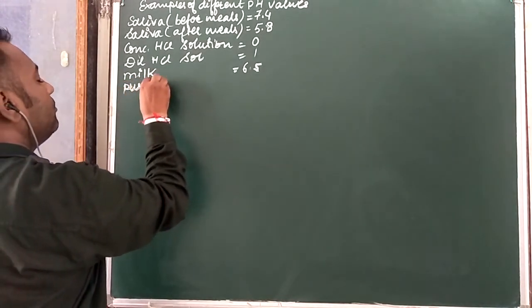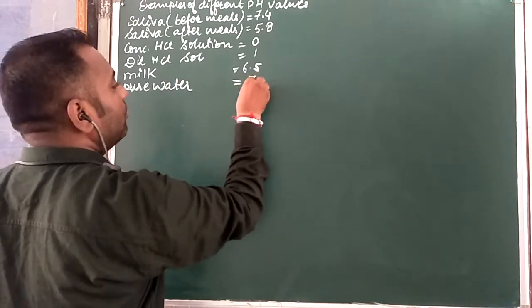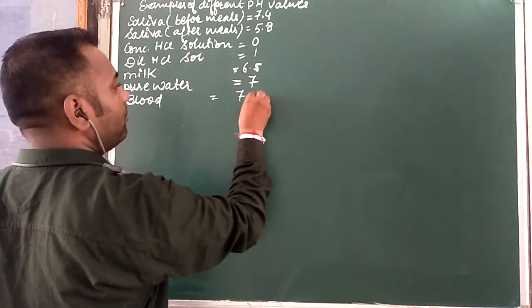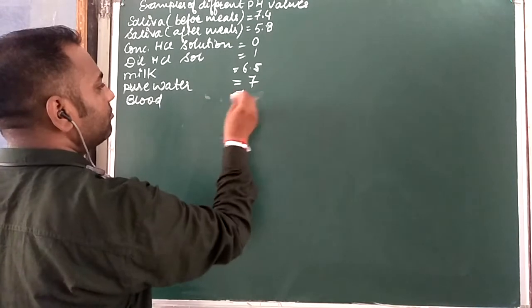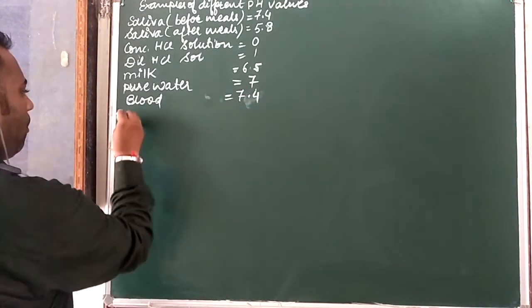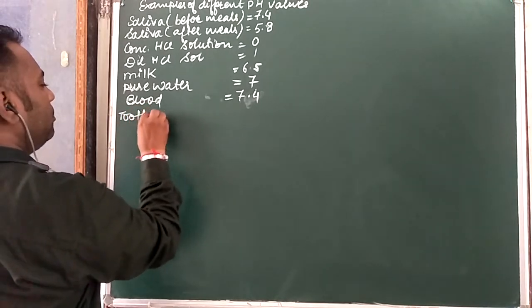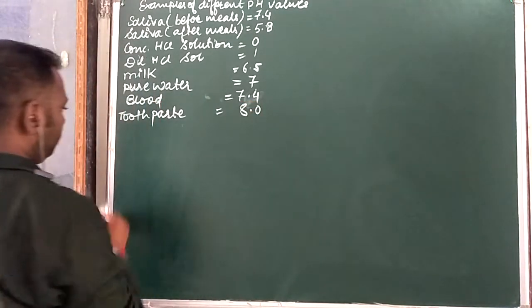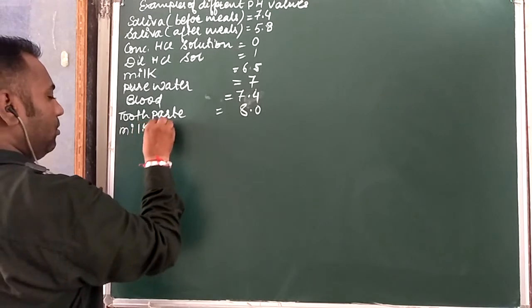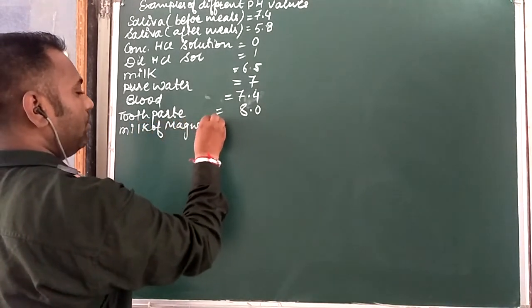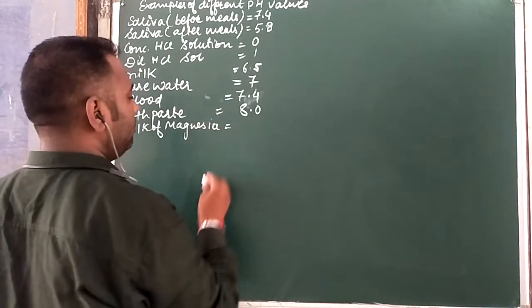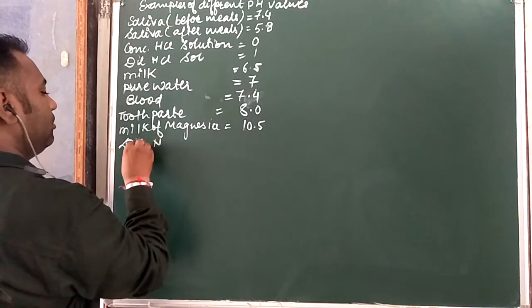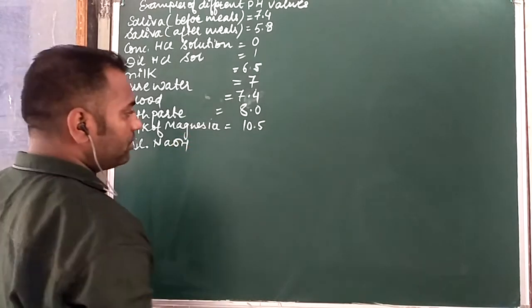pure water 7, blood 7.4, toothpaste 8.0, milk of magnesia 10.5, dilute NaOH, sodium hydroxide, okay.